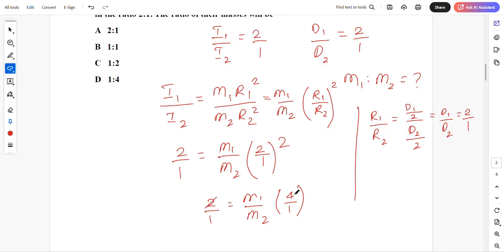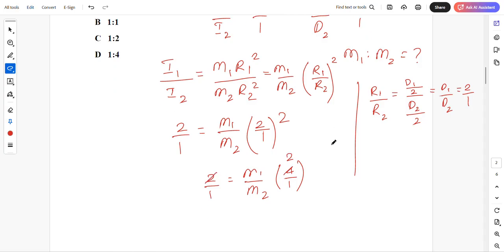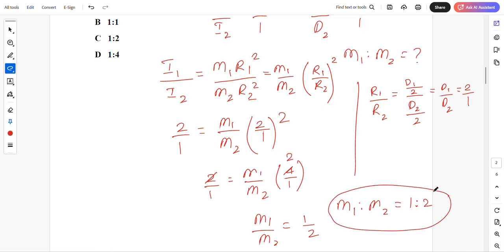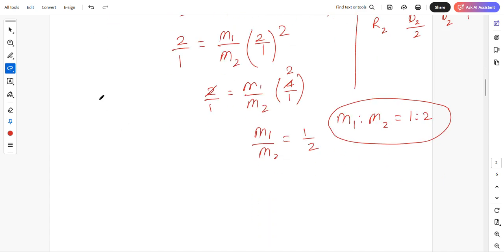This gets cancelled 2 times, so m1 by m2 will be equal to 1 by 2. That is m1 is to m2 is equal to 1 is to 2, the right answer. Hope you have understood this one. 1 is to 2 is the right answer. Let us see the next problem.